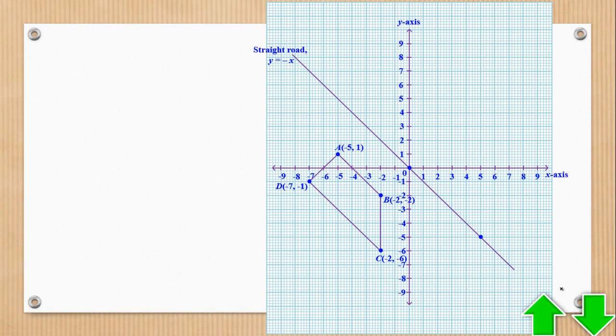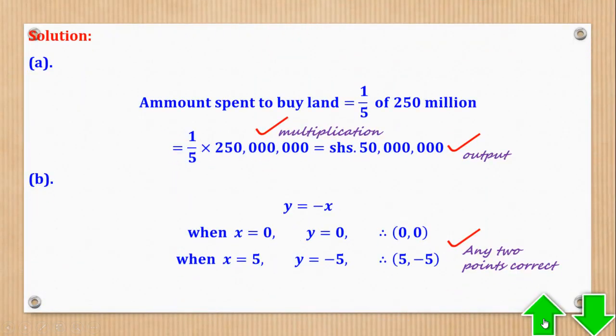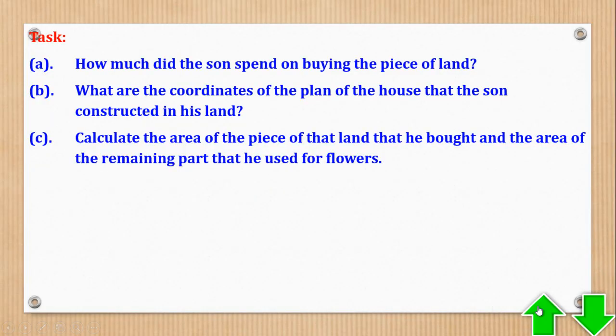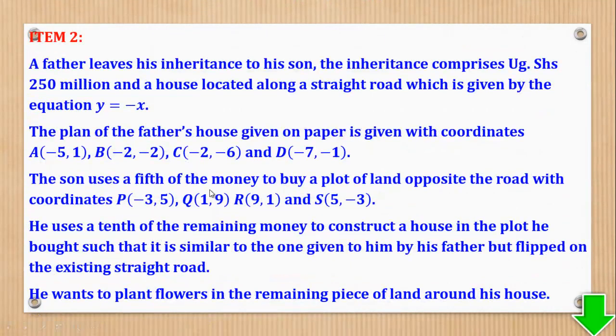Then also we are given coordinates of the piece of land bought. So for the piece of land bought, we are given coordinates P, Q, R, and S. So we need to plot them.